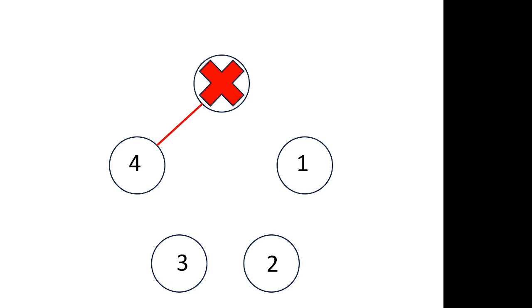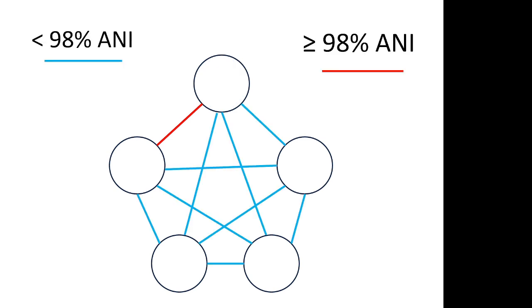So you remove all the blue edges, and you keep the red edges. And after you keep the red edges, you try to find a maximal set of vertices such that there are no 2 nodes being connected by a red edge.